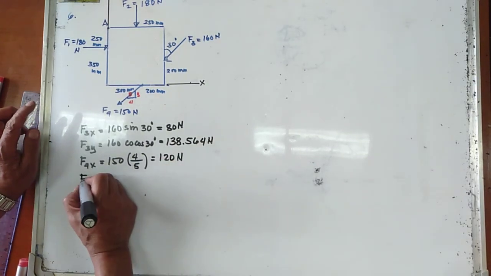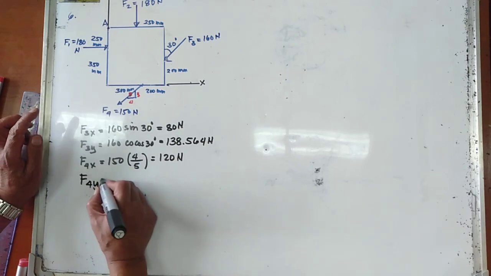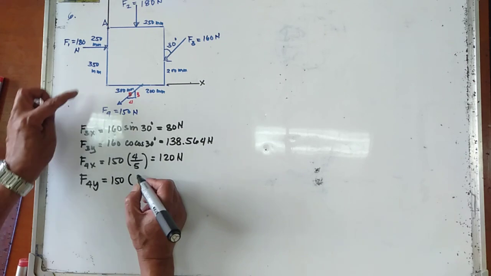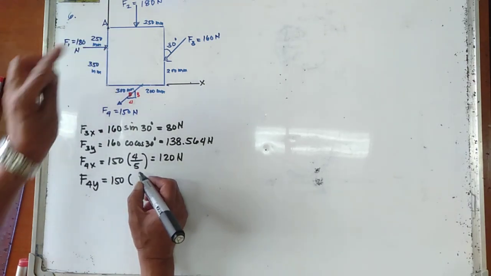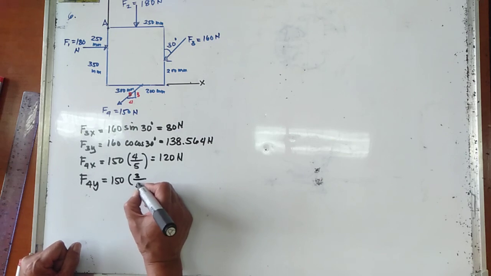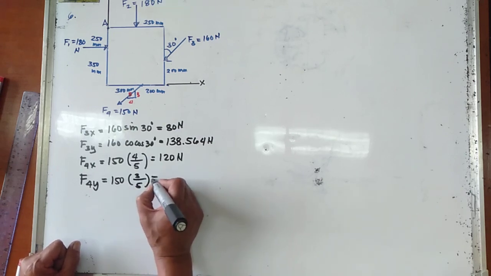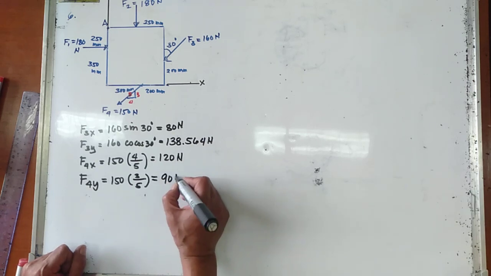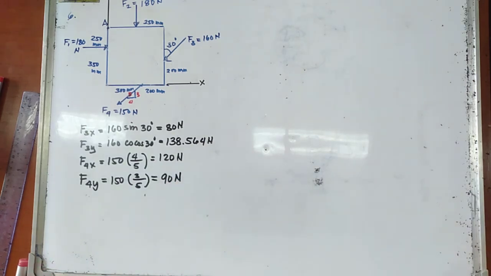And your F4y is equal to 150 times 3, vertical over the hypotenuse of the slope triangle, and this is equal to 90 newtons.